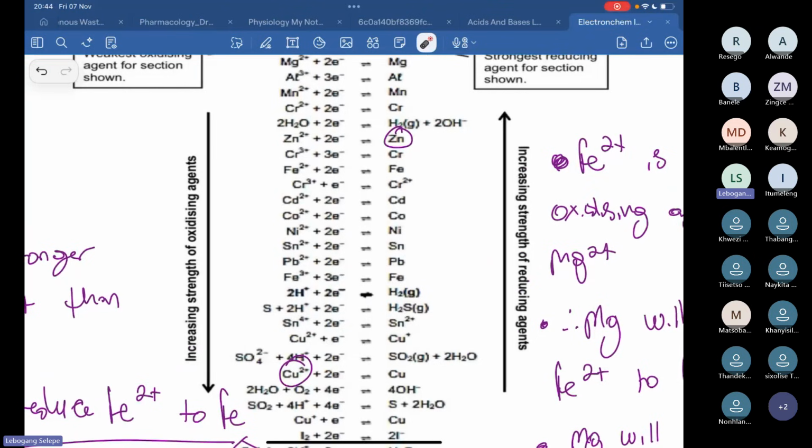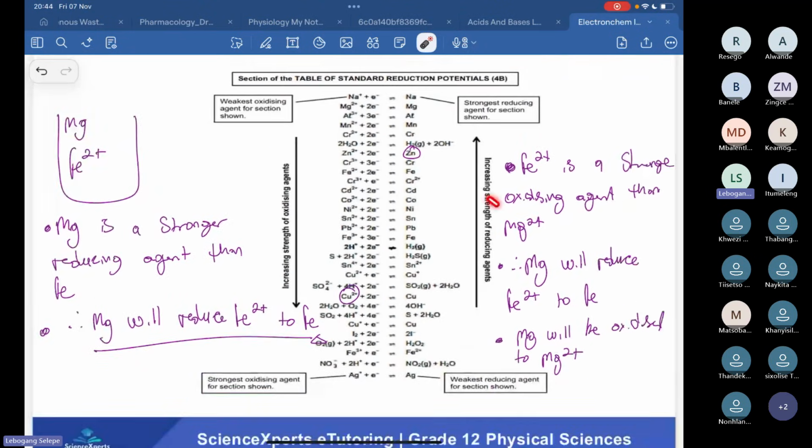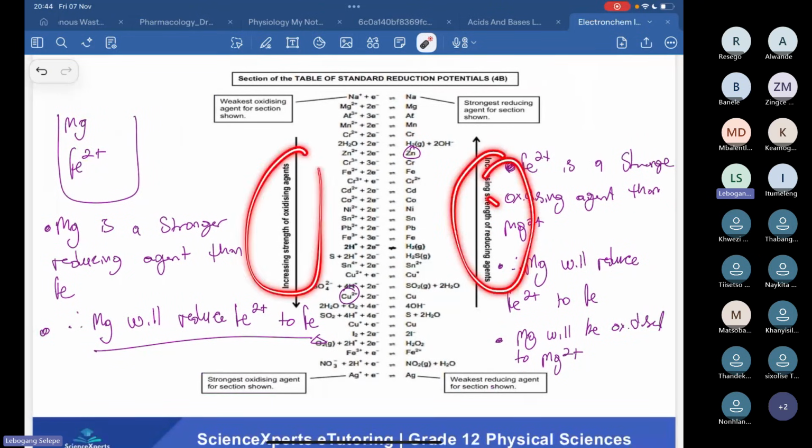So if we compare the donator and the acceptor, if the donator is above the acceptor, it means that a reaction will take place. But we can't say that Zn is above Cu2+ in the exam. That's not allowed. We need to explain using the strength of reducing agents and oxidizing agents.